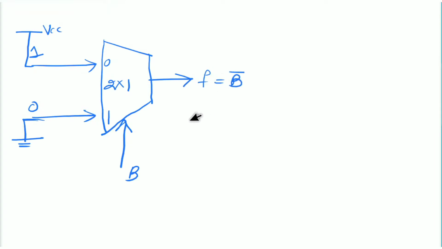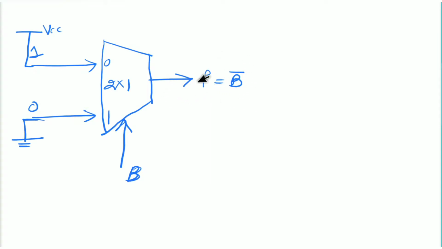Very simple. Whenever B is 0, the output B bar must be 1, and whenever B is 1, the output must be 0. So in this way also you can remember.